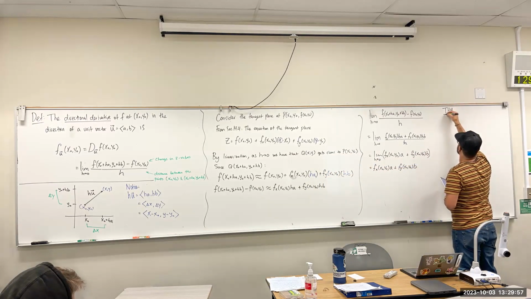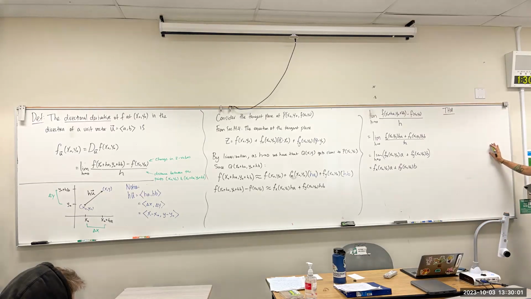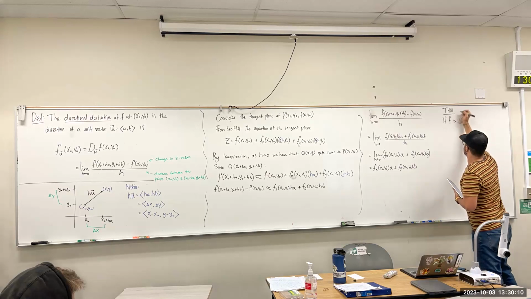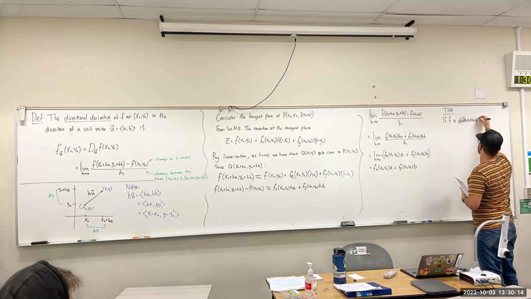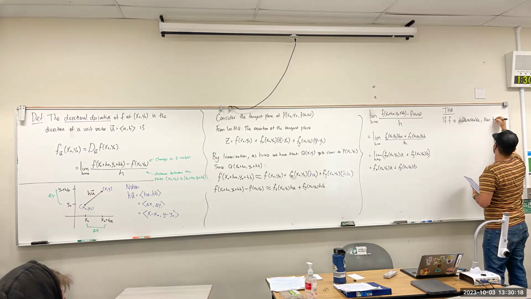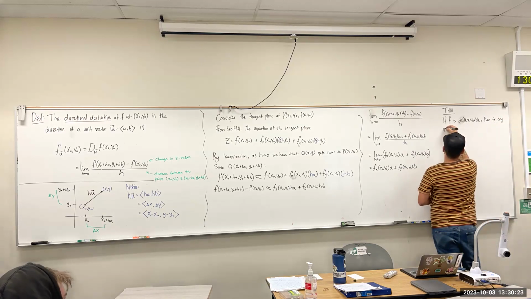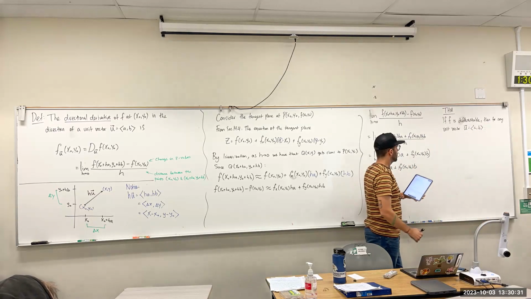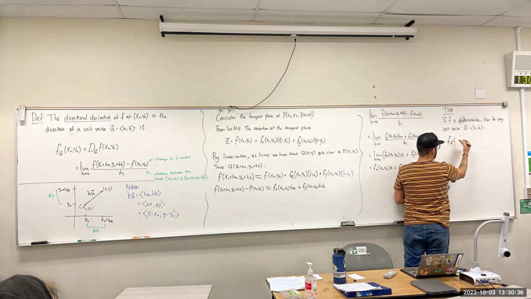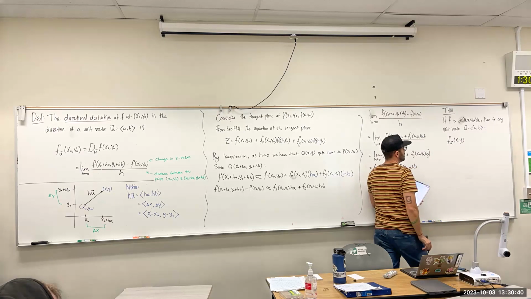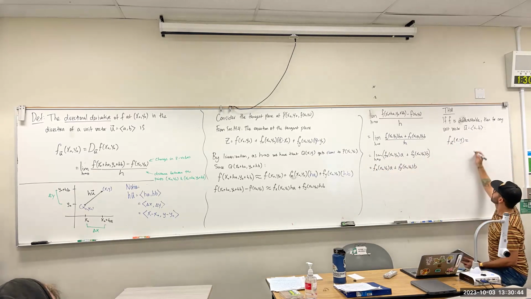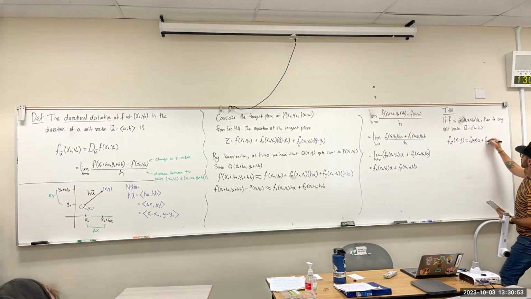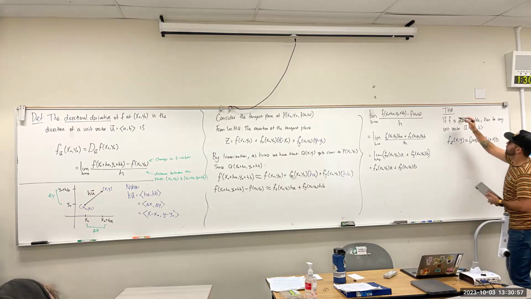we end up getting a nice little theorem here. It says if our function f is differentiable, then for any unit vector u, which has components a and b, its directional derivative with respect to u at any of those points is just equal to the partial derivative with respect to x times the x component of my unit vector, plus the partial derivative with respect to y times the y component of my unit vector.